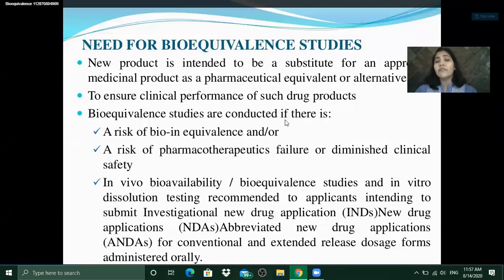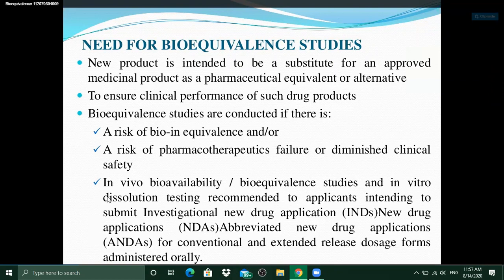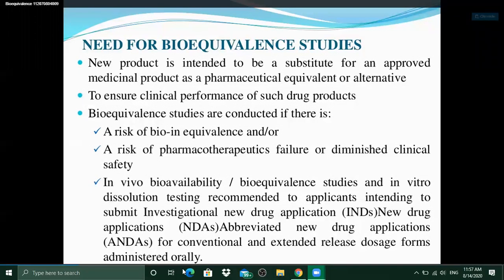Next, when would you conduct a bioequivalence study? When in vivo bioavailability or bioequivalence studies and in vitro dissolution testing are recommended to applicants intending to submit an investigational new drug application (IND), new drug applications (NDAs), or abbreviated new drug applications for conventional and extended release dosage forms administered orally.